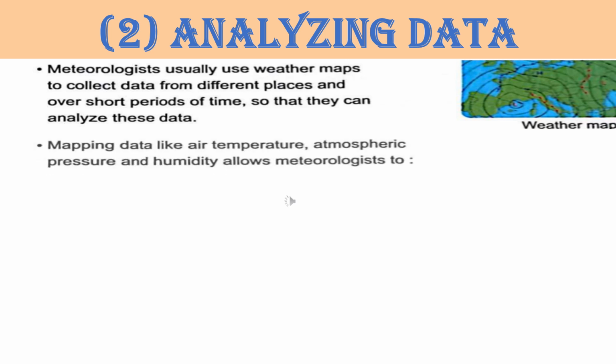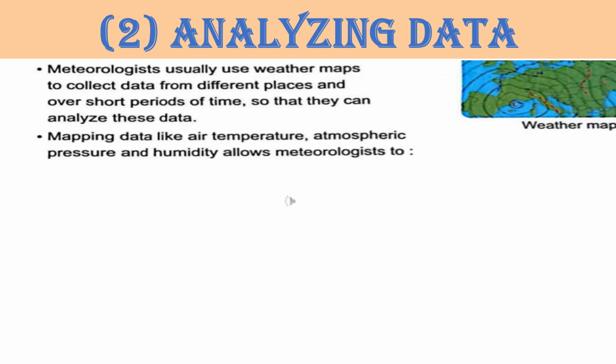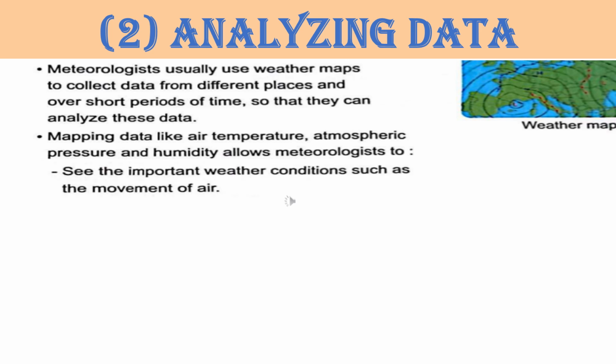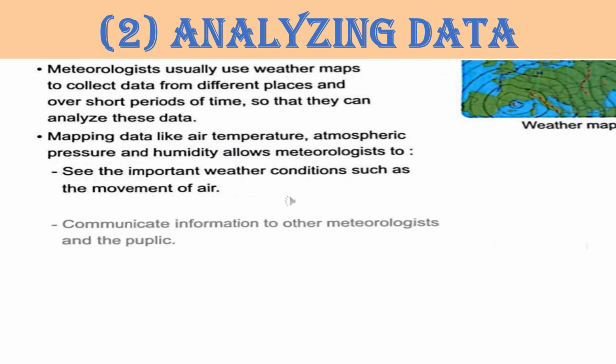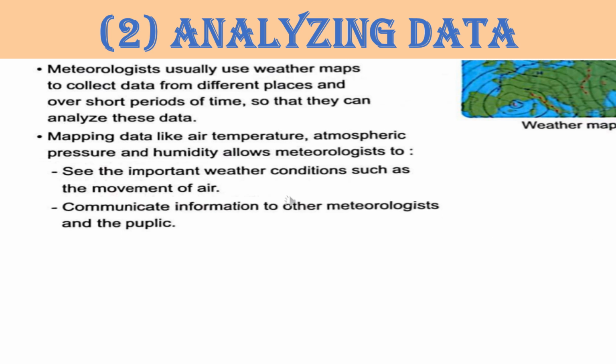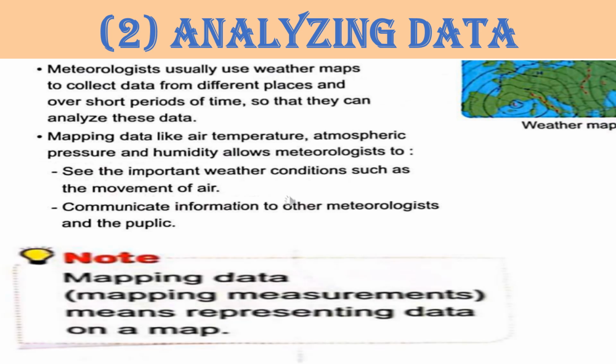Mapping data like air temperature, atmospheric pressure, and humidity allows meteorologists to, 1, see the important weather conditions, such as the movement of air; 2, communicate information to other meteorologists and the public. Okay? Mapping data, or mapping measurements, means representing data on a map.